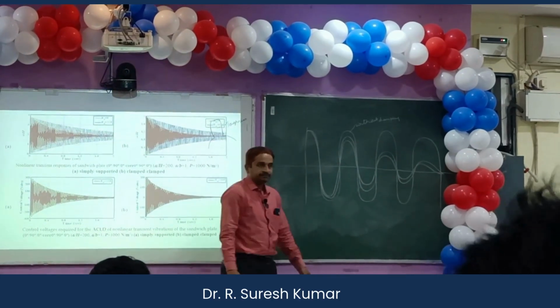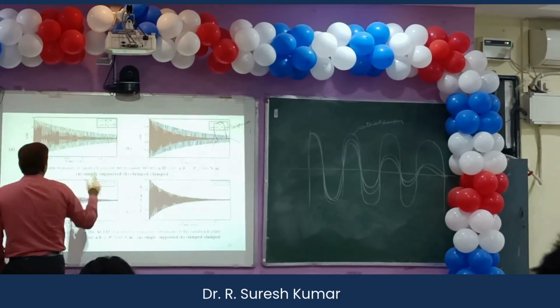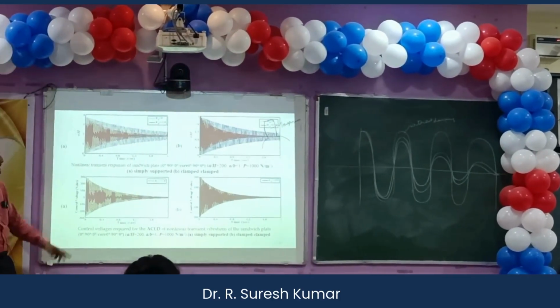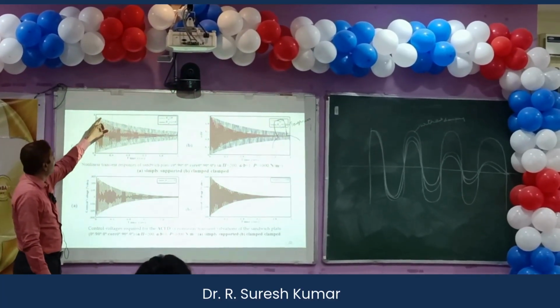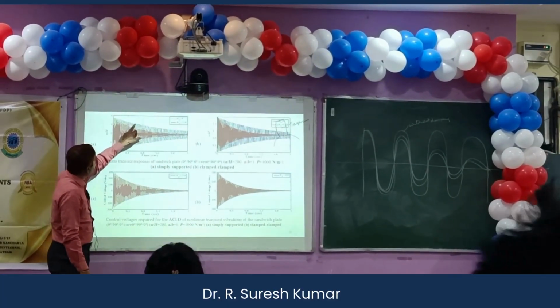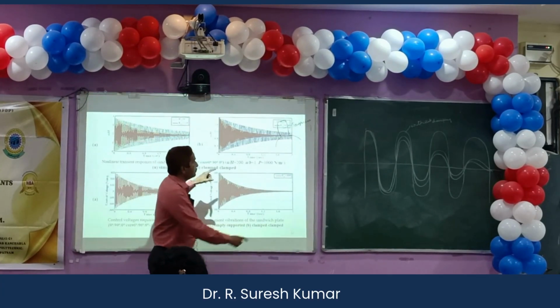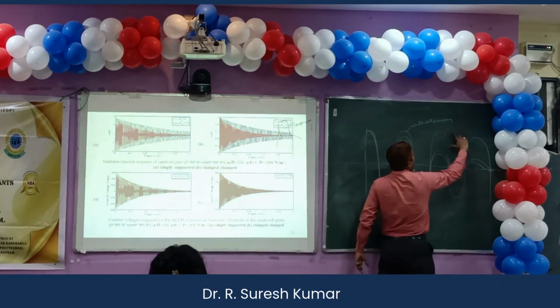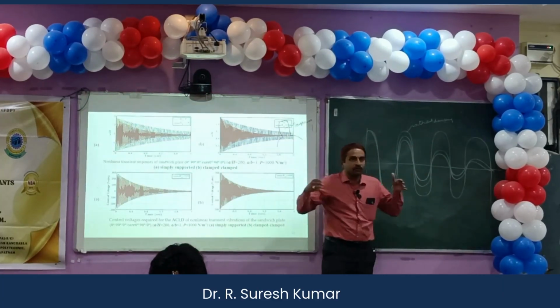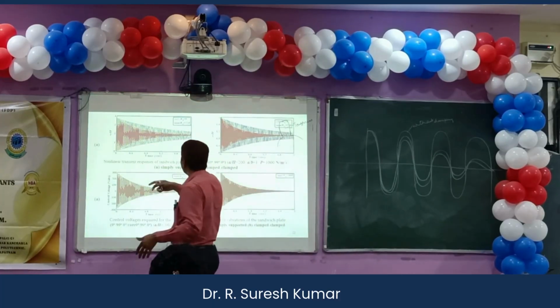Something like this, right? That's why you can clearly see, as I said, every material has got a certain amount of damping. If you don't give control voltage to it, you can see that the damping is always present. So that's why it is not continuously oscillating at the same amplitude. The amplitude is reducing after each and every cycle.